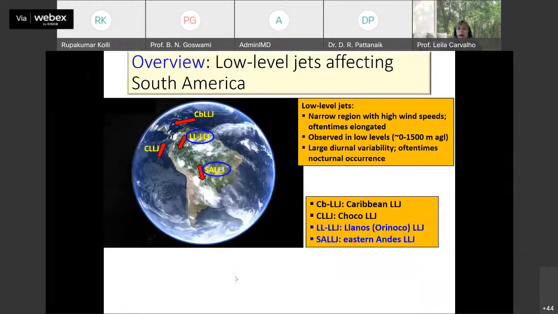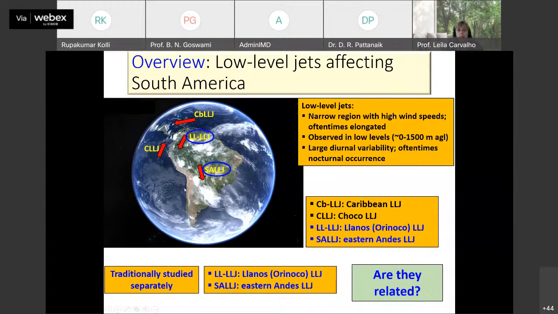So let's talk a lot about the jets and the importance of the jets. There are a few low-level jets that are very well known in the Americas. They are traditionally studied separately. We have this famous South America low-level jet, which we see here in this region. This is eastern Bolivia.